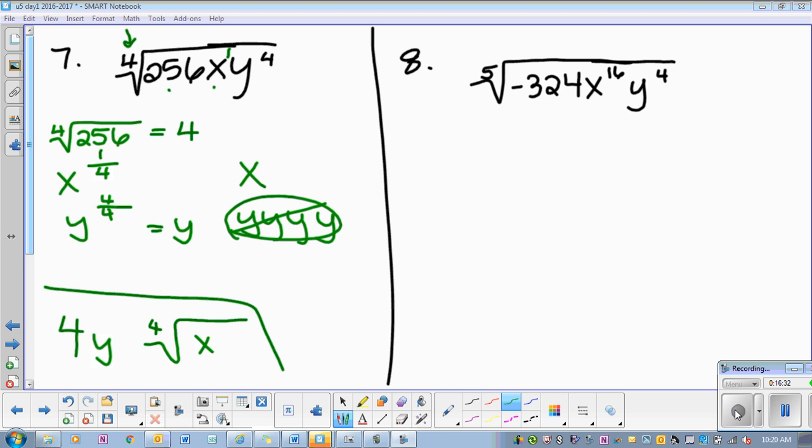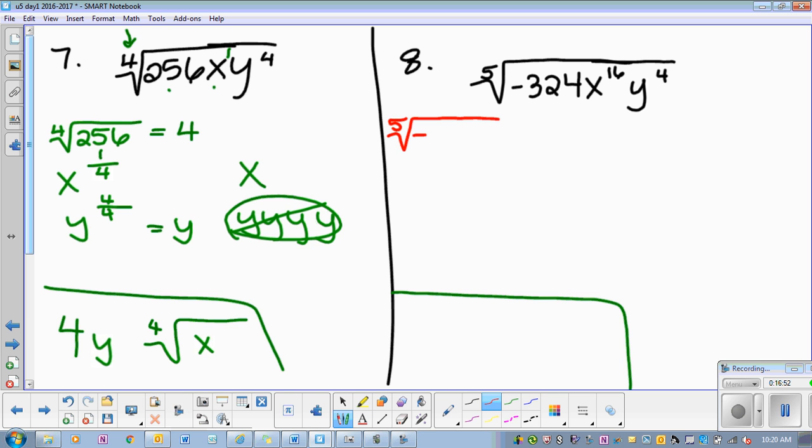So let's look at number 8 together. I have the 5th root of negative 324 x to the 16, y to the 4th. Okay. So starting with the number here. Guys, let's put this in the calculator and see if we get a nice pretty number. So the 5th root of negative 324.